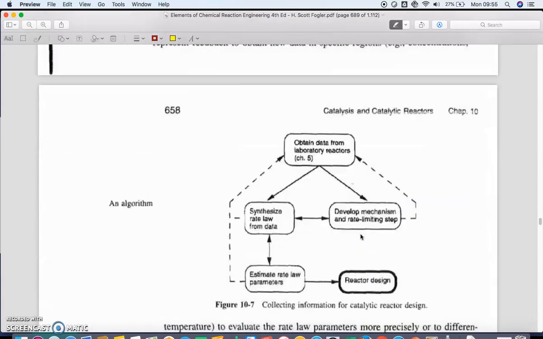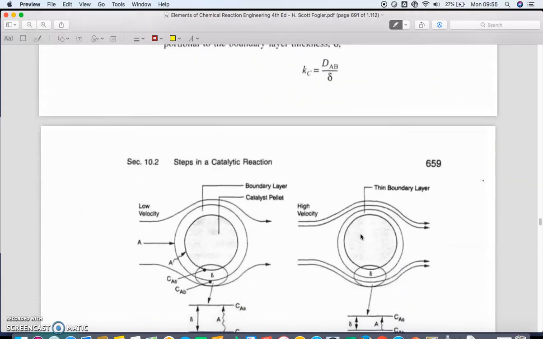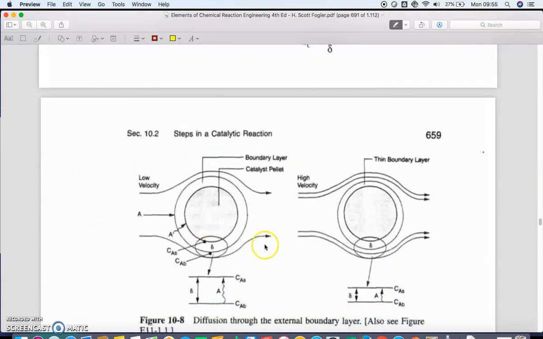Sorry, need to scroll down a bit. Okay, here. So this is the mass transfer, right? So this is your solid catalyst. Can you see my arrow here? So you look where is your CAb. This is what we call a boundary layer, a thin film, an imaginary layer just outside the catalyst surface.